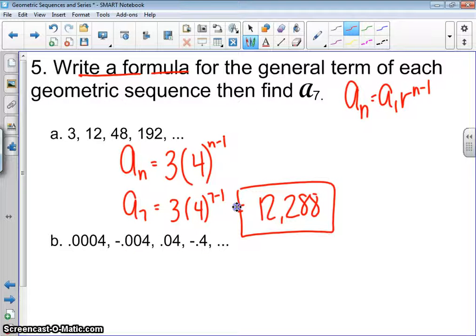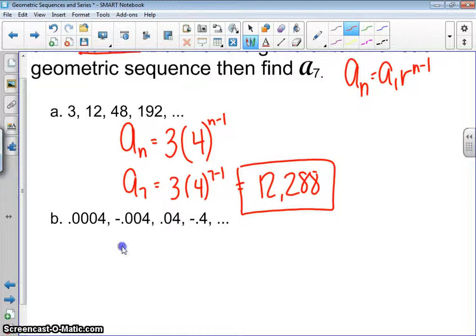Alright, same thing for this one. And then I want to talk to you about this sequence in particular, because sometimes it's hard to look at a sequence and just know what the R value is. And so let's look at an easy example. I can look at 3 and tell that I multiplied by 4 to get 12. If I could not do that, like let's say I don't know multiplication at all, and I don't know 3 times 4 is 12.